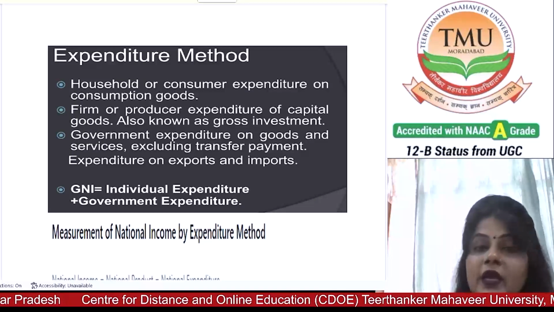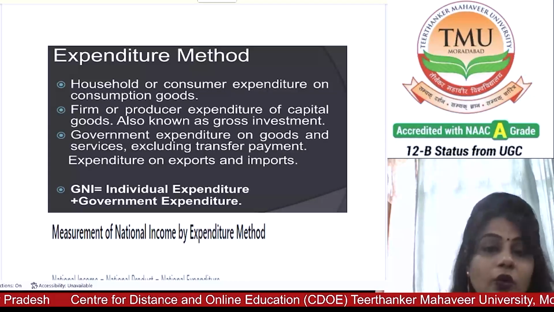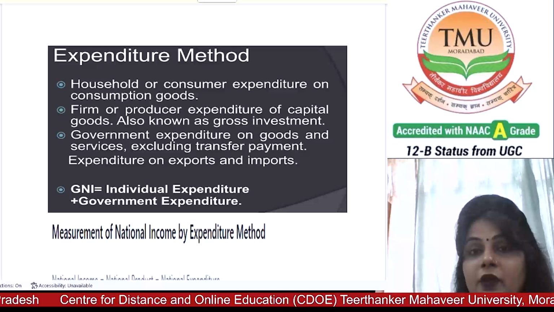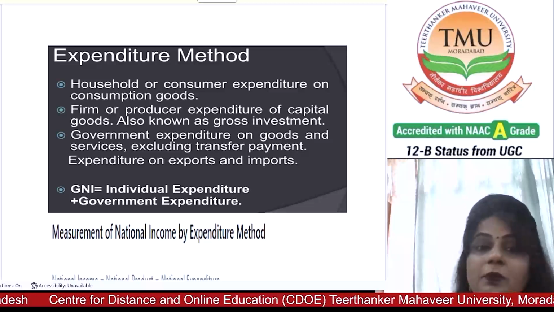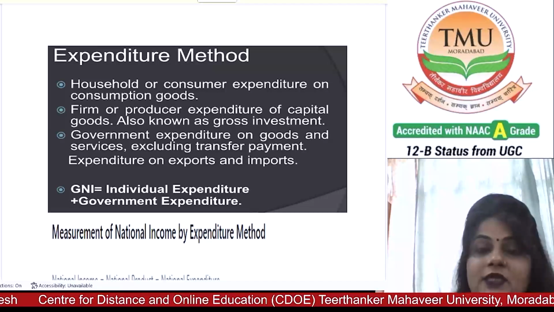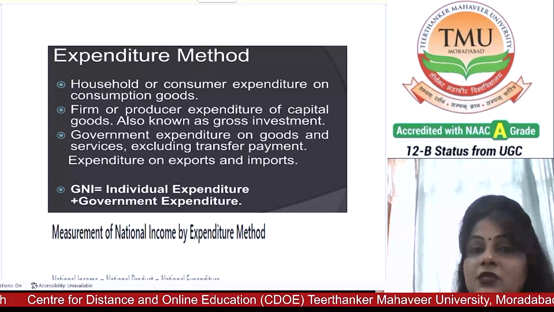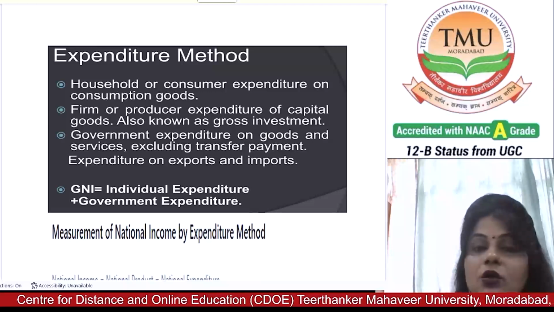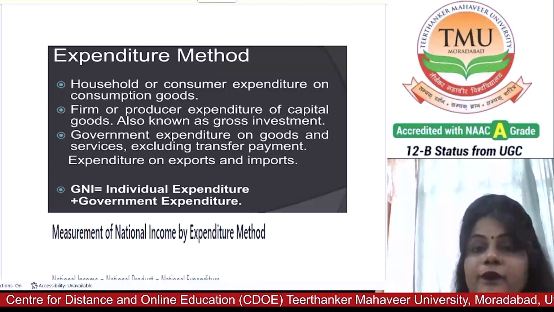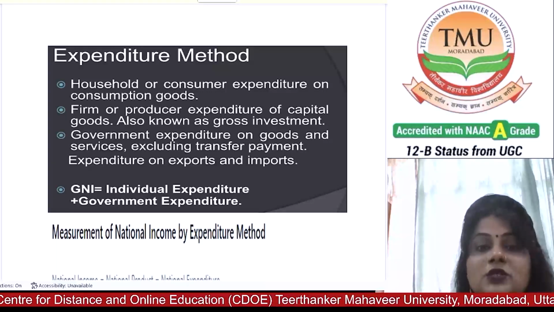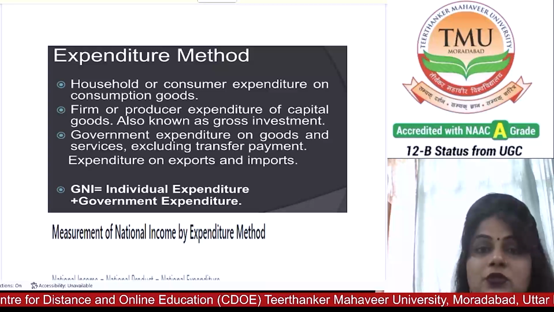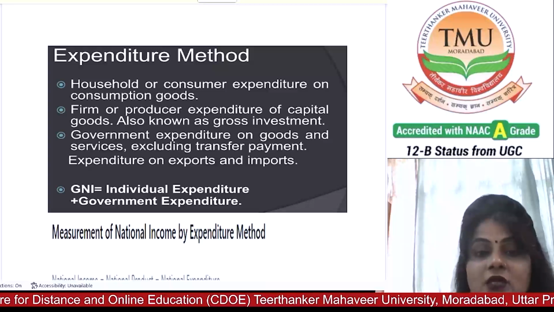There are four main aggregate expenditure totals that go into calculating GDP. First of all, consumption by households, next investment by businesses, next government spending on goods and services, and net exports, which are equal to exports minus imports of goods and services.